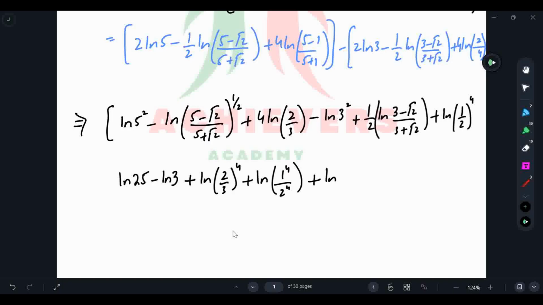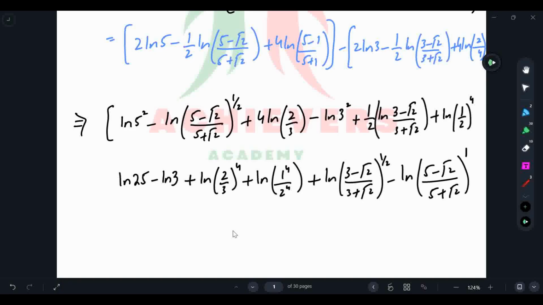Plus natural log of 1 power 4 by 2 power 4, plus natural log of 3 minus square root of 2 by 3 plus square root of 2 whole power 1 by 2, minus natural log of 5 minus square root of 2 by 5 plus square root of 2 whole power 1 by 2.